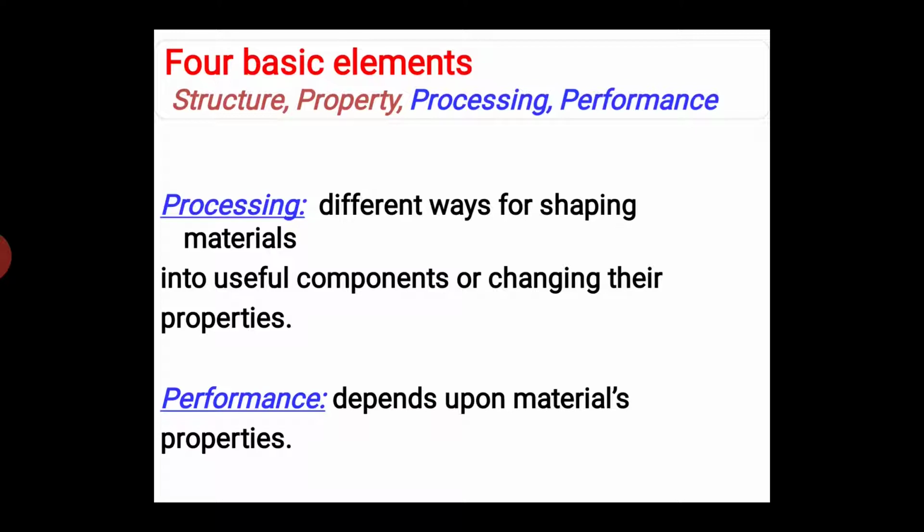Whatever component we are manufacturing from the material, depending on where we are going to use that component, we will have to select the material, because the component must possess certain properties, and those properties must be served by the material. That's why the performance is based on the properties of the material.